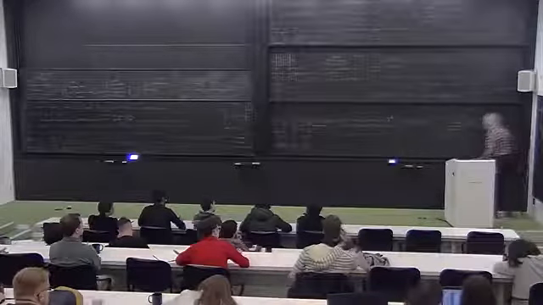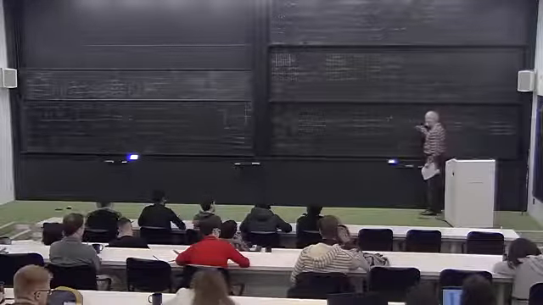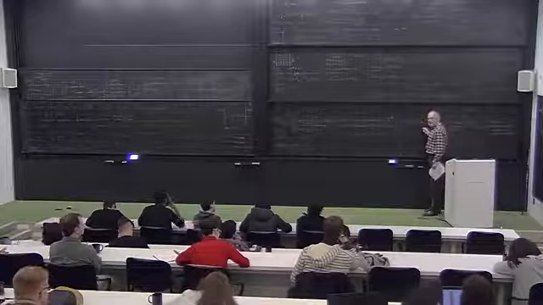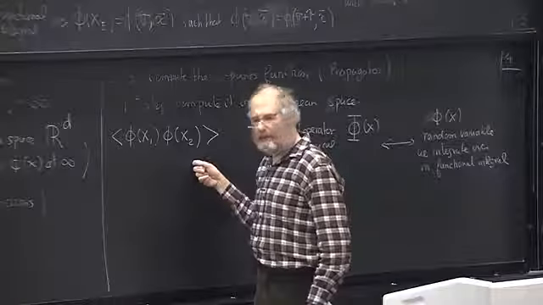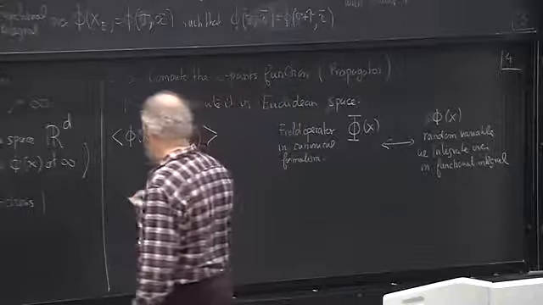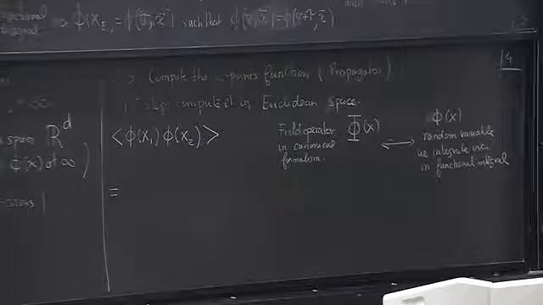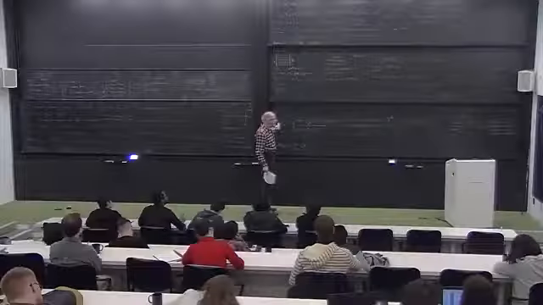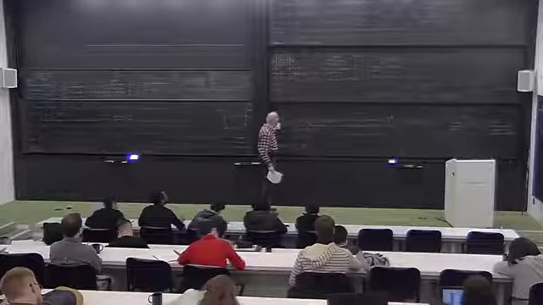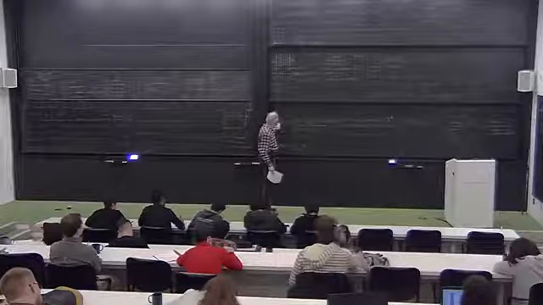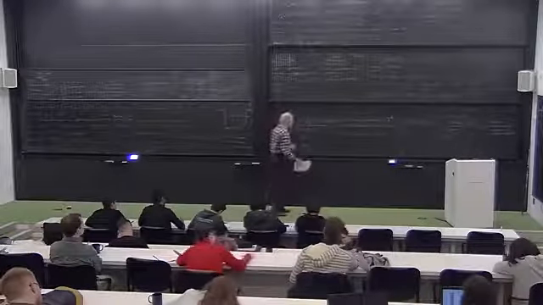Now, this is very easy to compute in the functional integral or path integral formalism, because this is just given by this kind of object. Replace A by the product of phi of x1 and phi of x2. So in the path integral formalism, what is this?